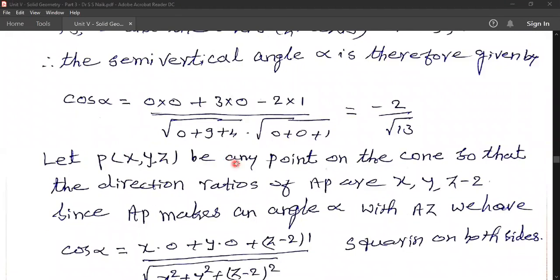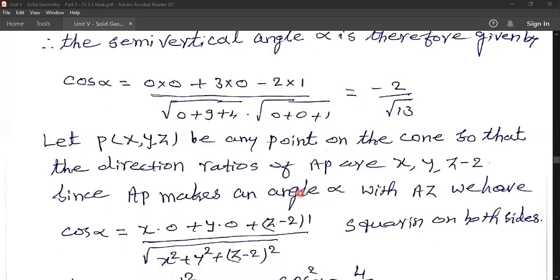So let P(x, y, z) be any point on the cone so that the direction ratios of AP are x, y, z minus 2.